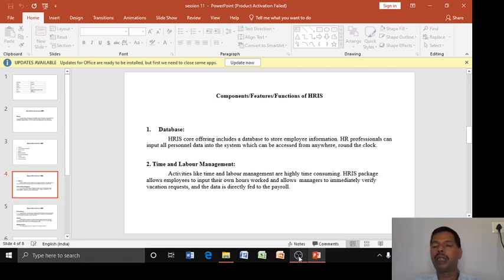Human resource professionals, who are expert in computers, can input all personal data into the system, which can be accessed from anywhere around the clock, like Google Forms, right? Anywhere around the clock, provided internet facilities are available.